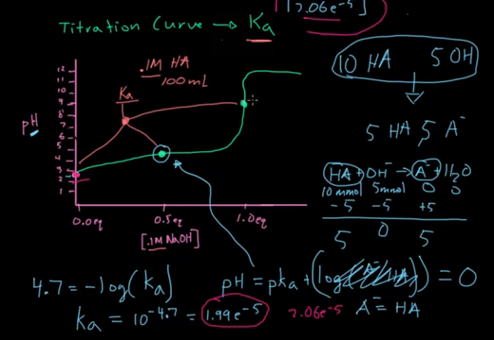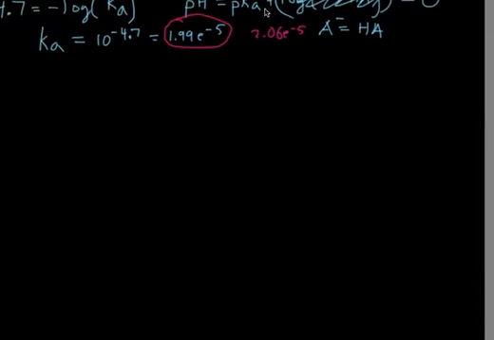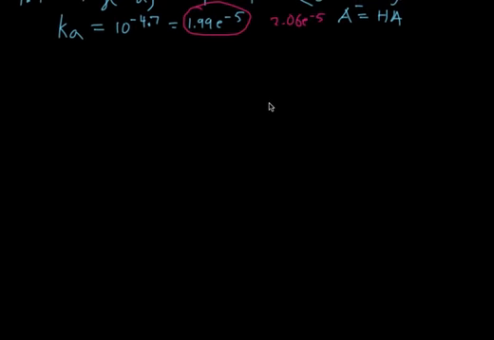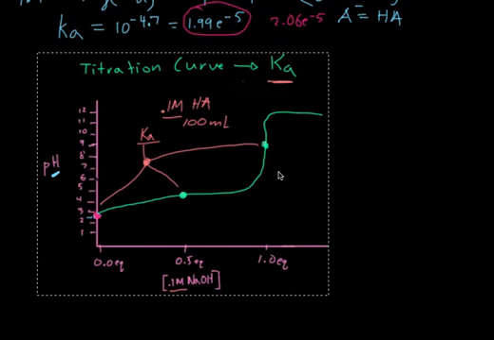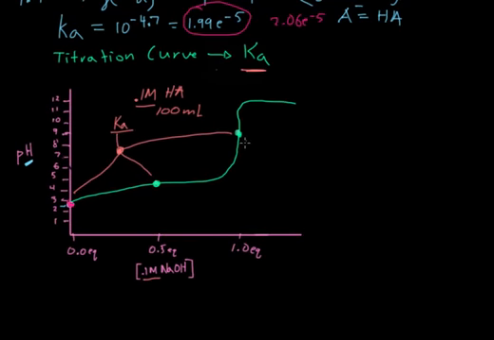Alright, let's get to our third point. I'm going to copy the graph over one last time. At our third point, we have reached the equivalence point, which means that when we start out with HA plus OH minus going to H2O and A minus, our starting amounts are going to be equal. They're both going to be 10 millimoles.